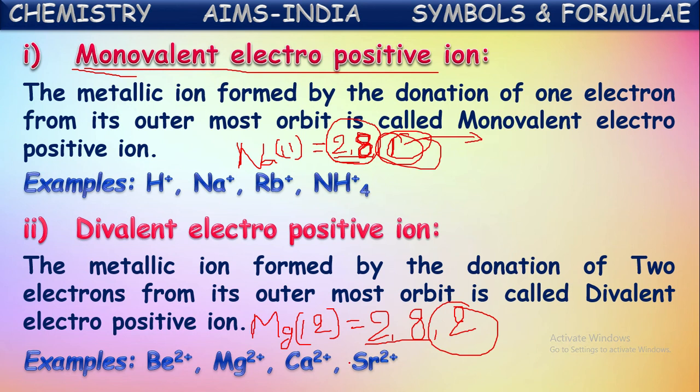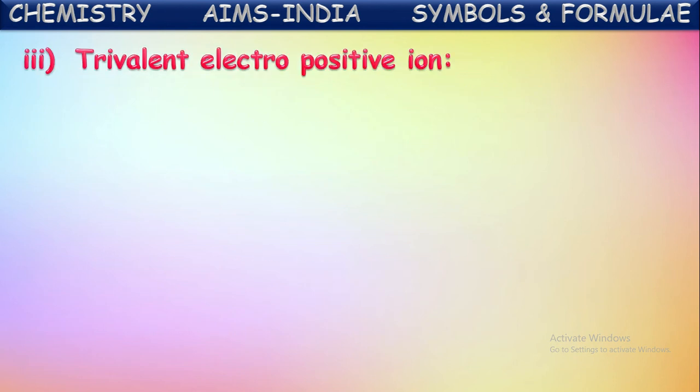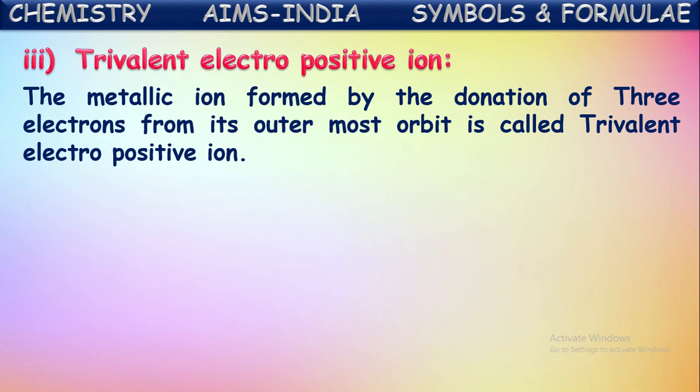In a similar way, these are also 2 units positive charged ions, bivalent electropositive ions. Got it? Next, in the similar way, trivalent electropositive ions. That means the metallic ions which are formed by the donation of 3 electrons from their outermost shells are called trivalent electropositive ions.